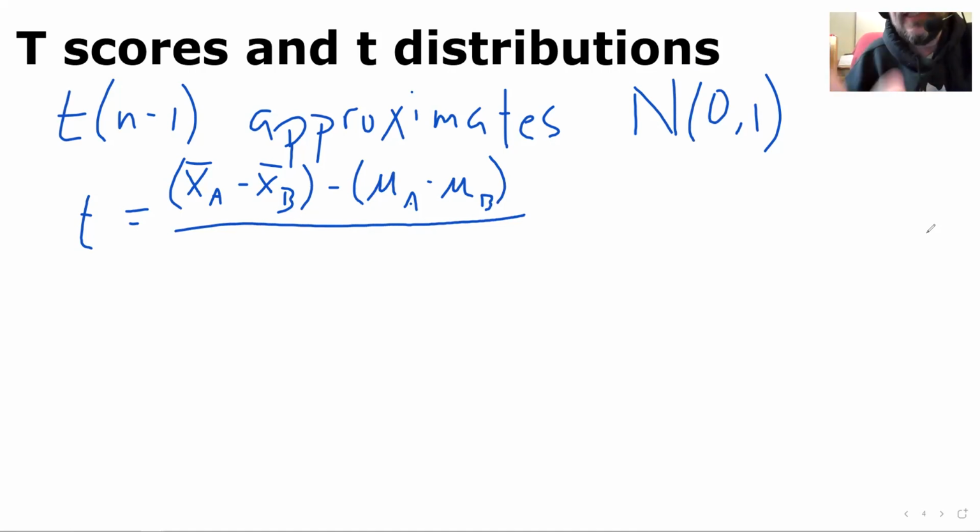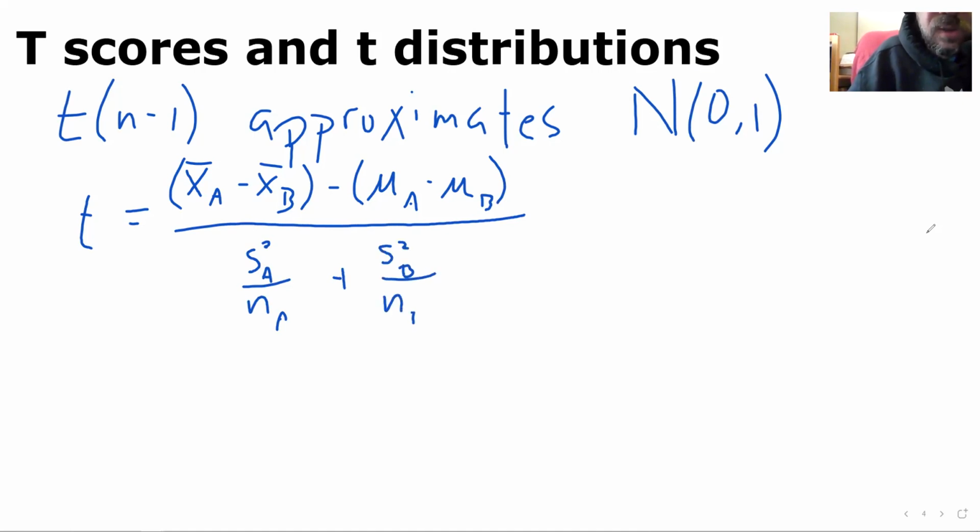But since it's a t distribution, we're substituting s's for sigmas. So this is sA squared over nA plus, I'm going to put the square root on in a second, sB squared over nB. Oop, that's not the left side of a square root. Square root. There we go.